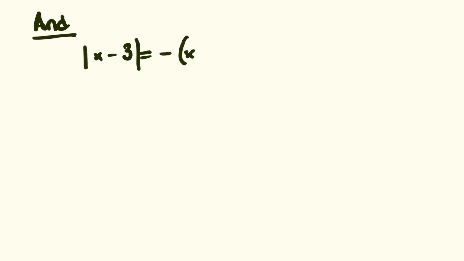We also need, and I'll put this as an and, we know that absolute value of x minus 3 will have to have a negative sign put in front of it for x minus 3 less than 0. Again, we're just looking at the second part of how absolute values work.